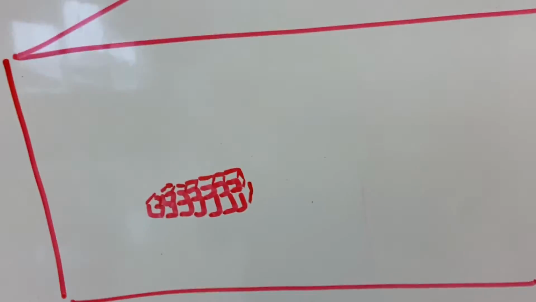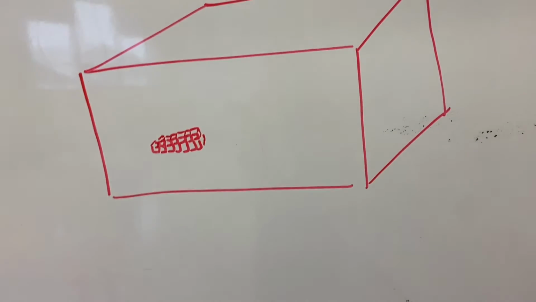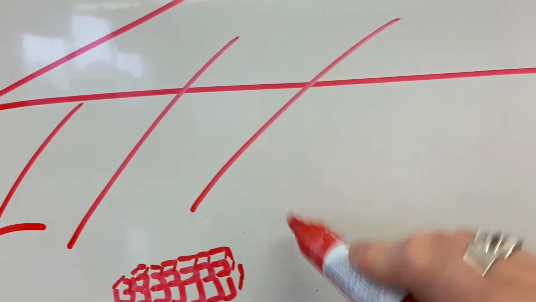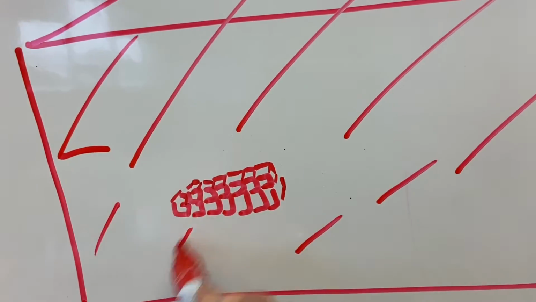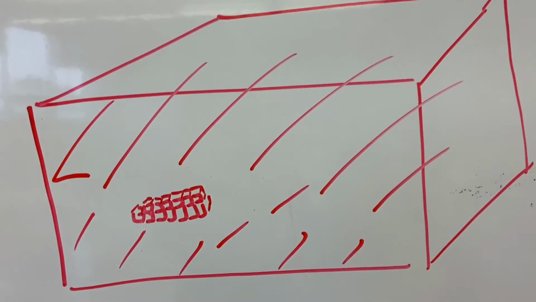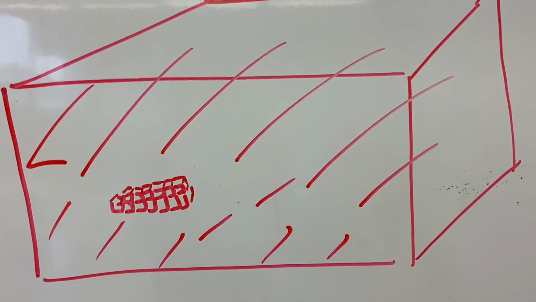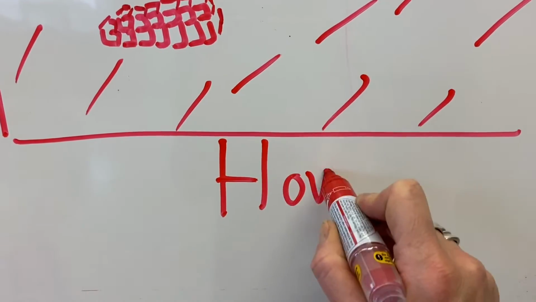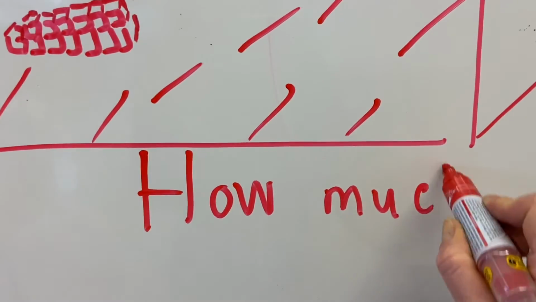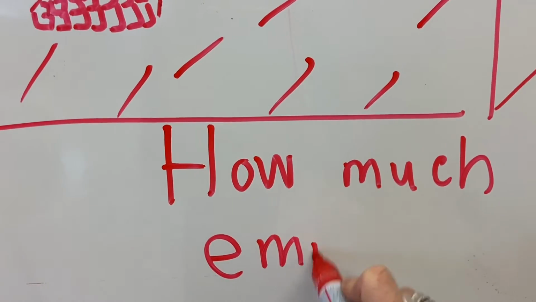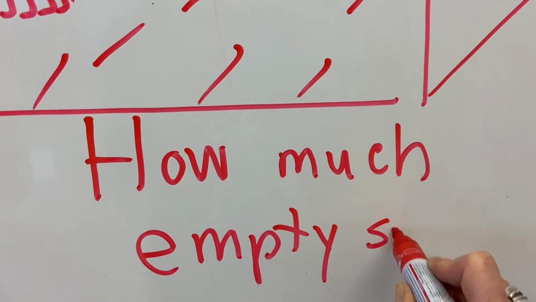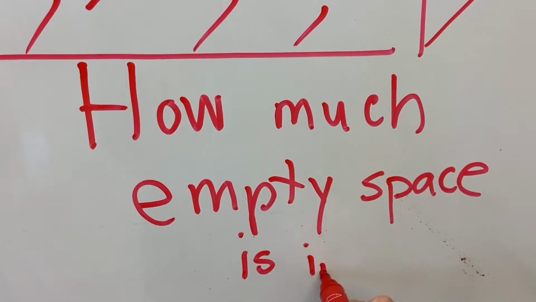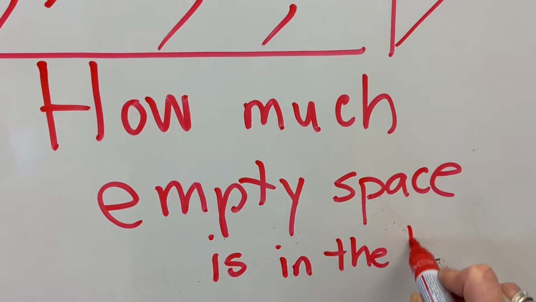What I wanted to find is, if I had the big box, how much empty space is around or left over in the box when I put in those 13 centimeters cubed, or 13 milliliters. How much empty space is in the box?